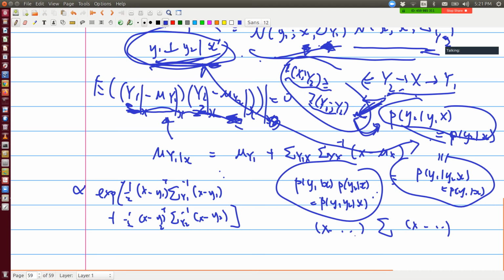Let's again use the precision matrix instead of the covariance. So I have sigma y1 inverse is equal to lambda y1, and sigma y2 inverse is equal to lambda y2. Or maybe calling them lambda 1 and lambda 2 is easier.